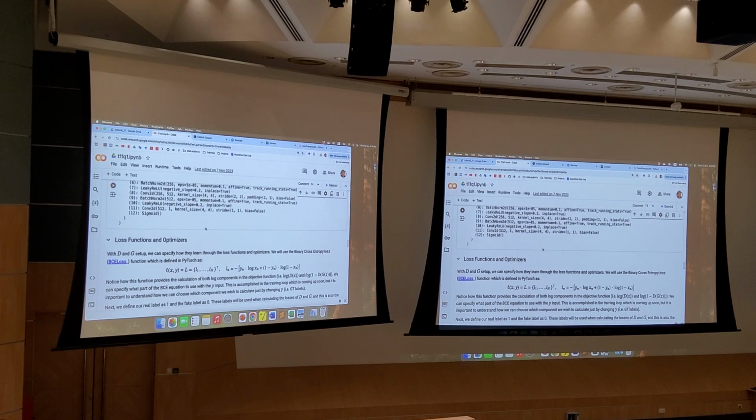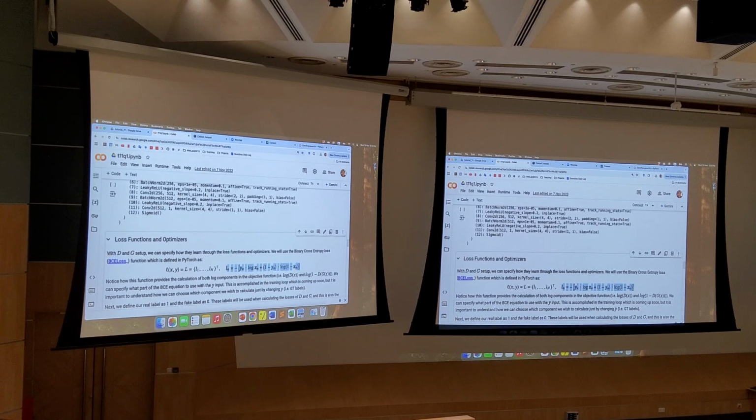Okay, so our discriminator, if you recall, is performing a binary task, isn't it? It needs to distinguish between real and fake input. That's why we are using binary cross entropy loss. It looks like this.